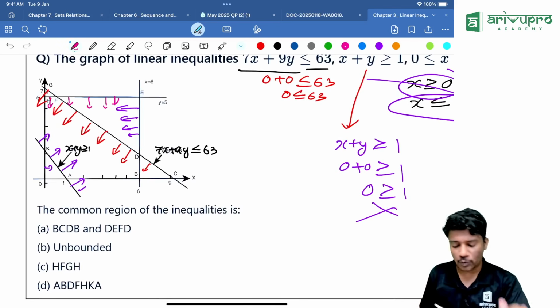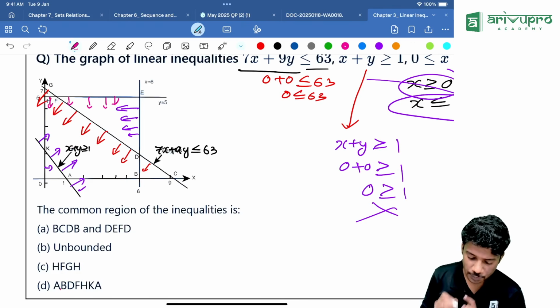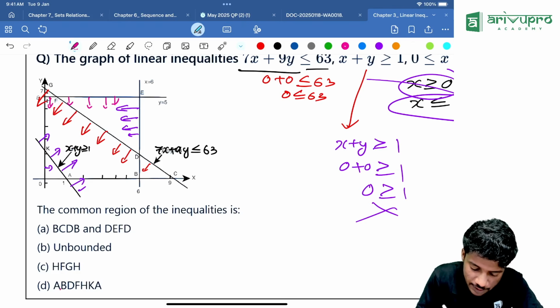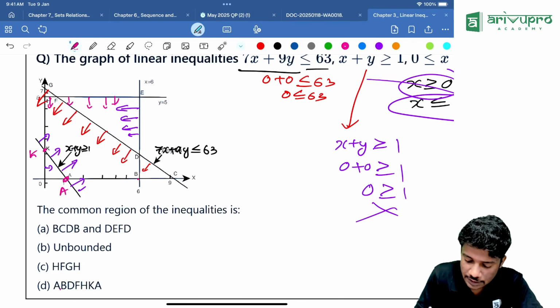Now you should tell me what is the answer. Looking at the option D, what is the common area? K is there, then A is there, then it is away from it. So what is happening? Here B is there, then D is there, then is E there?